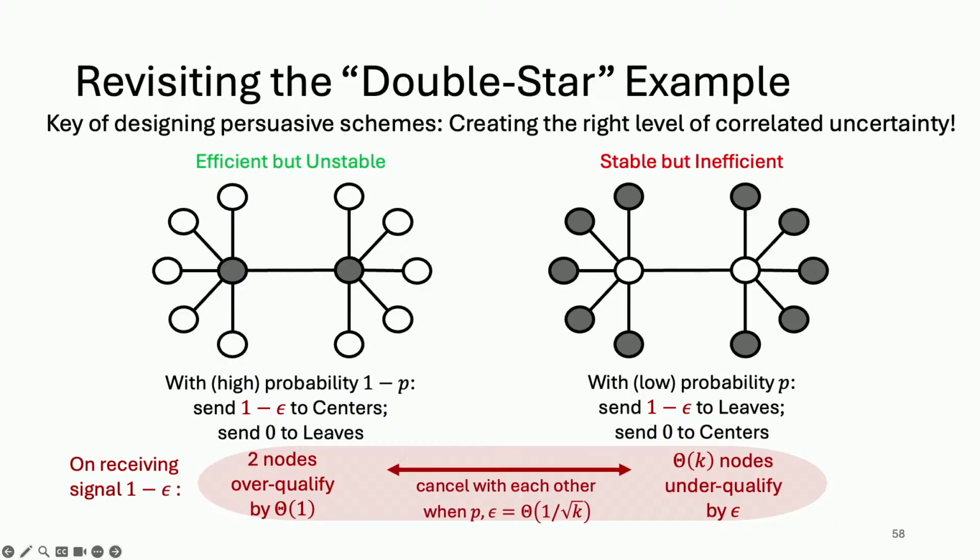So by picking the right choice of p and epsilon, these two can cancel, which makes the best solution for the agent when they receive the signal 1 minus epsilon to follow. It will help them achieve exactly the expected quality of 1.